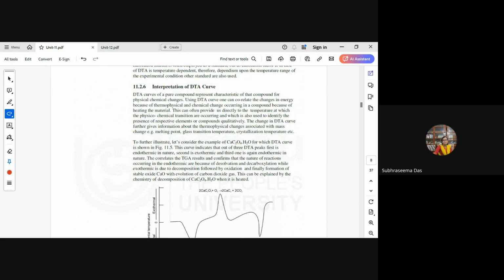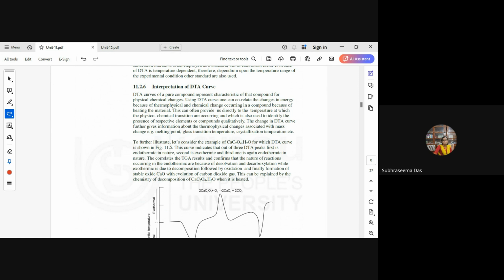DTA curves are characteristic of a particular compound. Using the DTA curve, we can relate the energy changes that occur due to the thermal and chemical changes upon heating the material. This also provides information about the physicochemical transitions that occur within the compound.